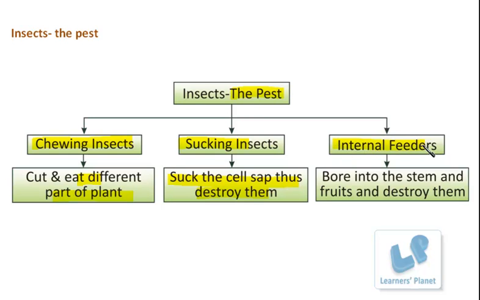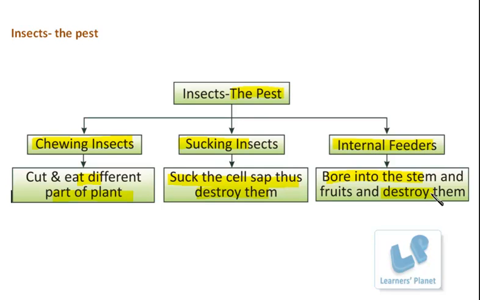Then there are the internal feeders. There are many different types of insects, not only insects, other types of multicellular organisms also, which actually bore into the stem, and then they destroy the stem or the different parts like vegetables or the fruits of the plants, and over there they feed on that and ultimately destroy them.